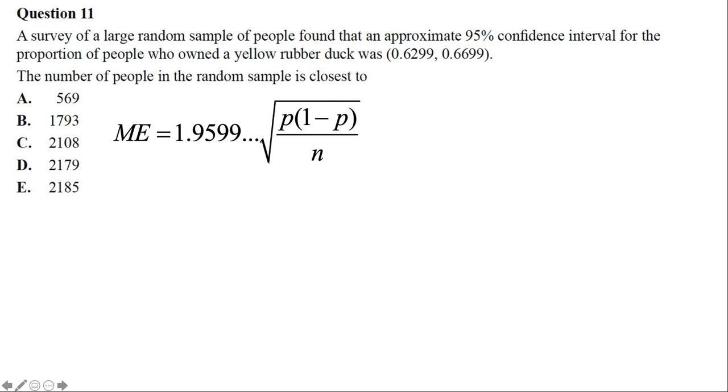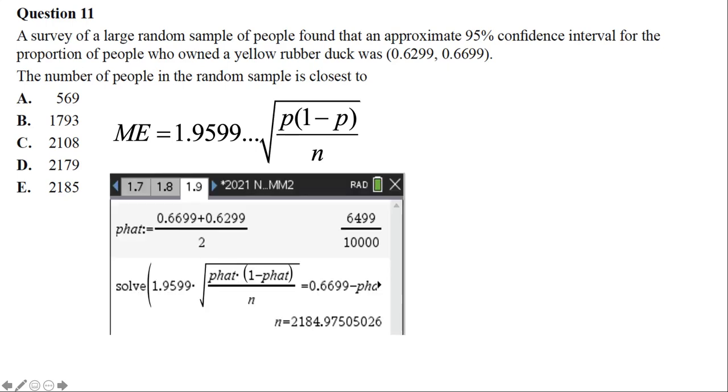Basically, you just need to recall that the margin of error is half of the width of the confidence interval. For a 95% confidence interval, you can't use z equals 2 or minus 2. You have to use 1.96, or more accurately, 1.95996 something, multiplied by the standard error, or the standard deviation of p hat.